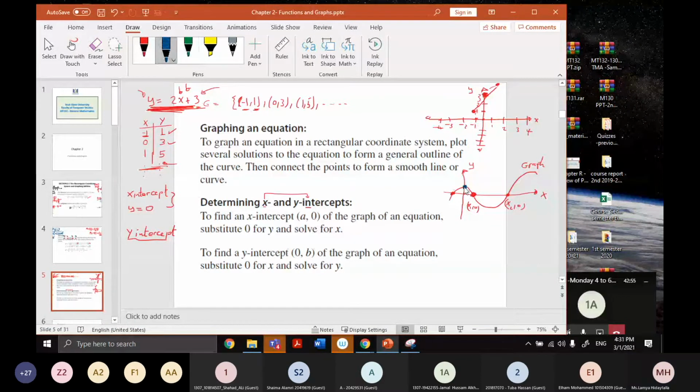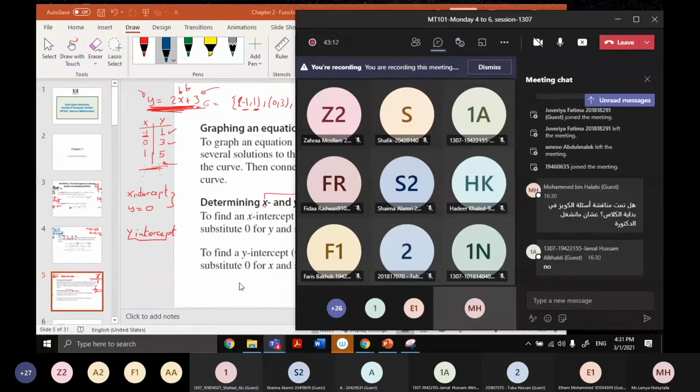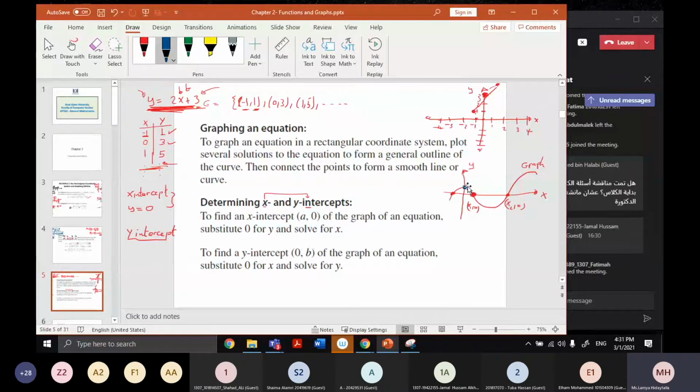Here, for instance, it meets here. This is the y-intercept. It's where your graph meets the y-axis.